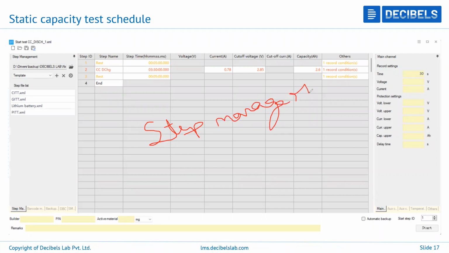So basically, what this means is you can actually predefine what all tests you can perform, right? So here you can see this is the step number, and here is the step or test type that you can perform. You can perform so many different types of tests. So constant current discharge and so many other different types of tests can be performed using this. So this is just a layout.